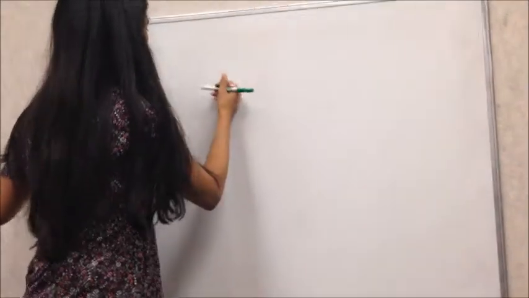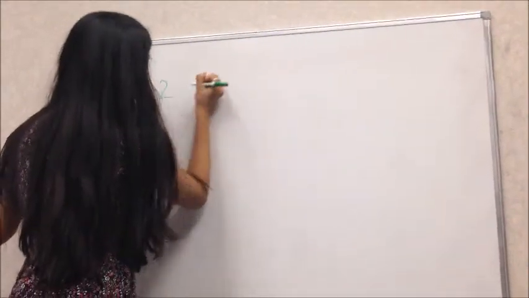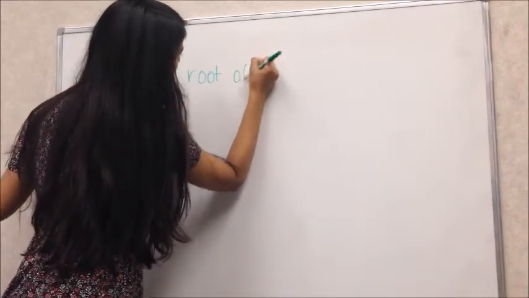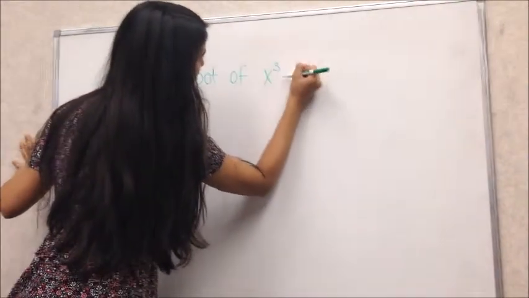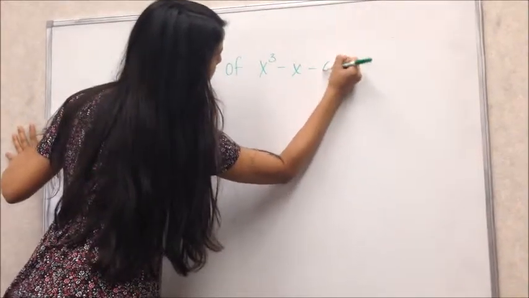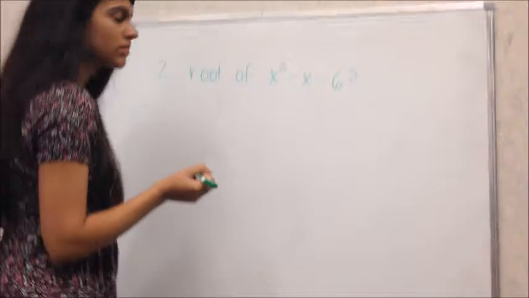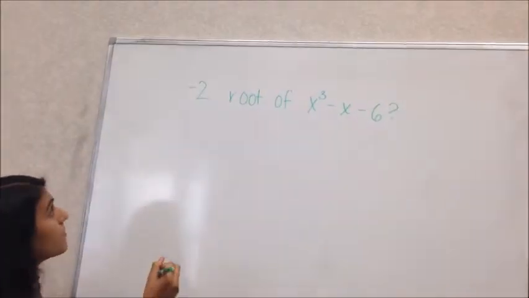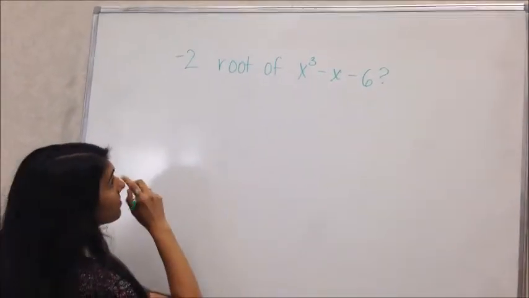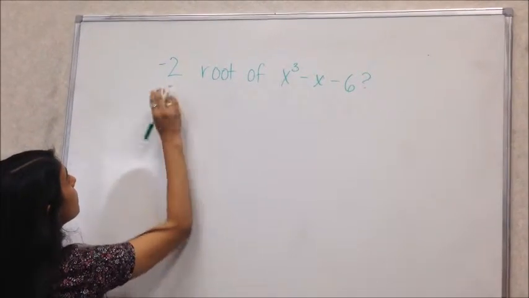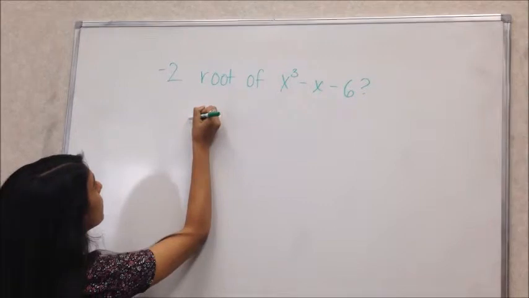Let's determine if negative 2 is the root of the equation x cubed minus x minus 6. Hence, we would be dividing the equation x cubed minus x minus 6 by the factor x plus 2. So we plug in negative 2 into the equation.